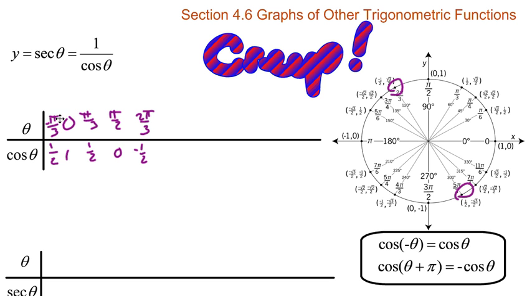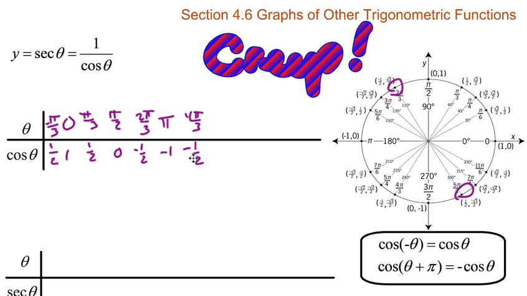Watch this. If I plug in 0 right here, 0 plus pi is pi, and this is telling me it's going to be the same thing as cosine except the opposite. The cosine value was 1, so the opposite of 1 is negative 1. This is super powerful, so let's continue that pattern. Pi over 3 plus pi is 4 pi over 3, and I take the opposite of 1/2, so it's negative 1/2.